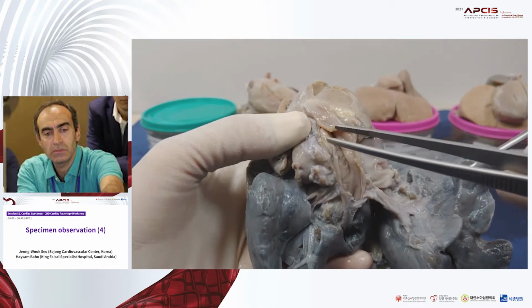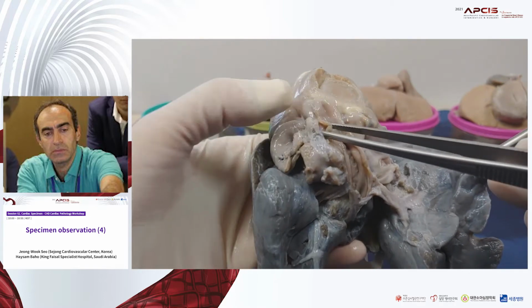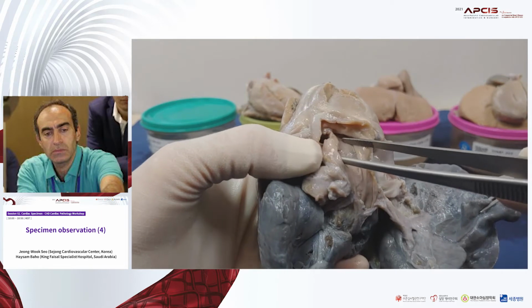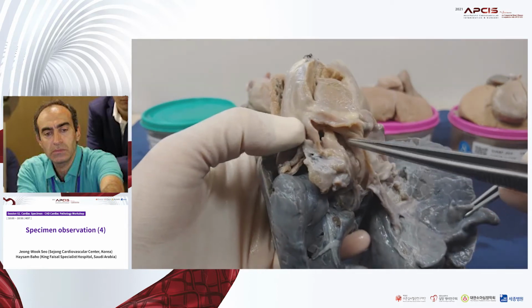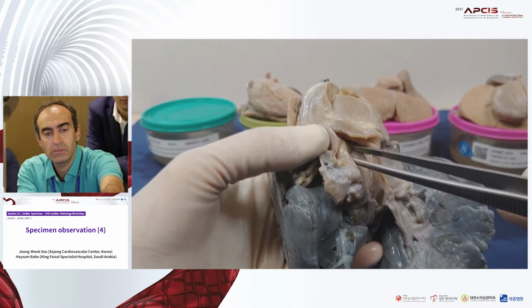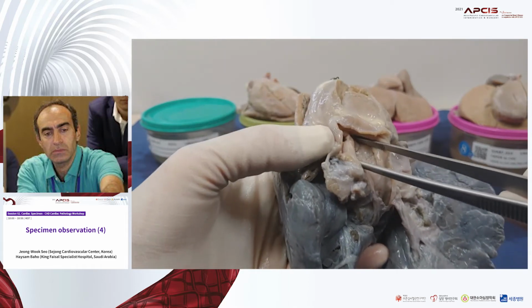So the repair for this is to actually separate the wall that divides the coronary sinus from the left atrium. It's rather a simple procedure.